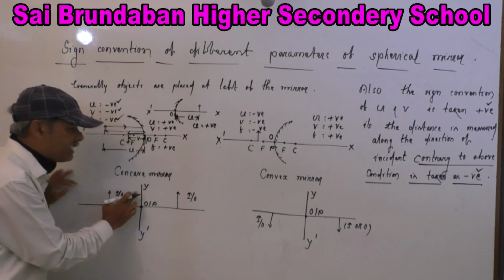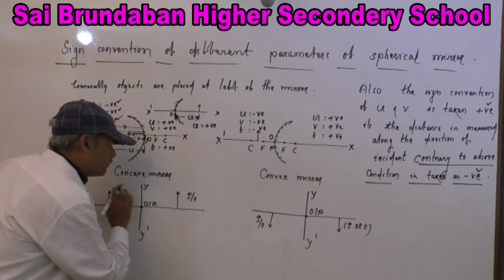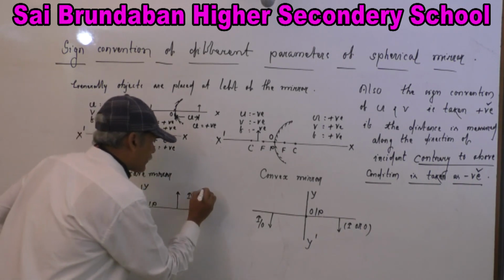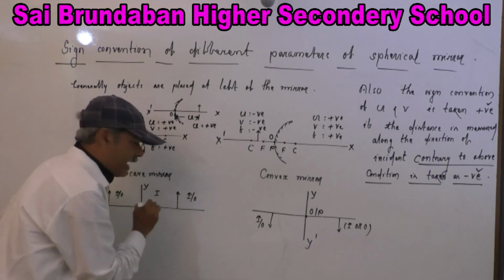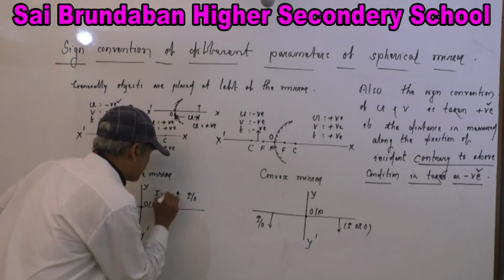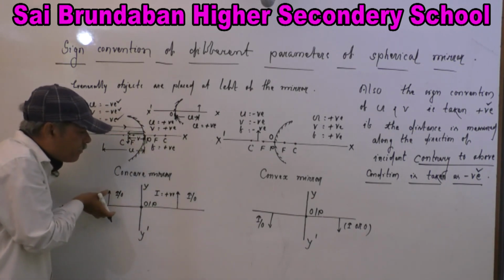So in both cases, image length is positive, because the length is measured parallel to the positive y-axis.